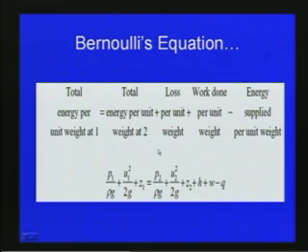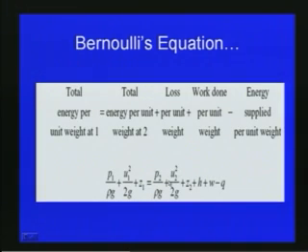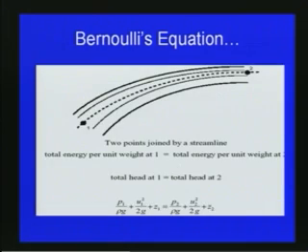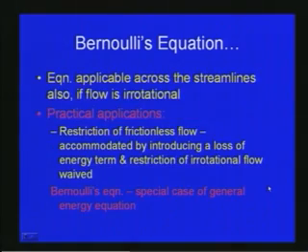If we consider all the aspects, including work between section 1 and 2, any loss of energy, and any energy supply, then we can write the general equation as P1 by rho g plus U1 square by 2g plus Z1 is equal to P2 by rho g plus U2 square by 2g plus Z2 plus H plus W minus Q. So this is the generalized equation when we consider a real system.